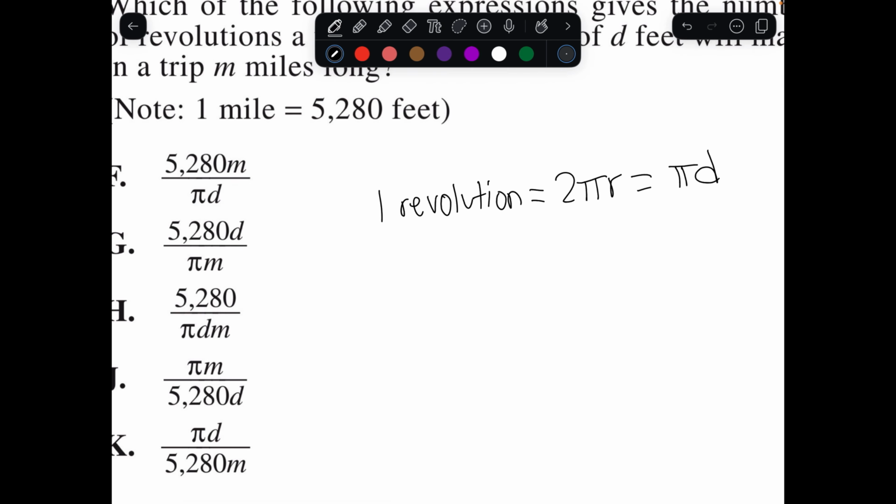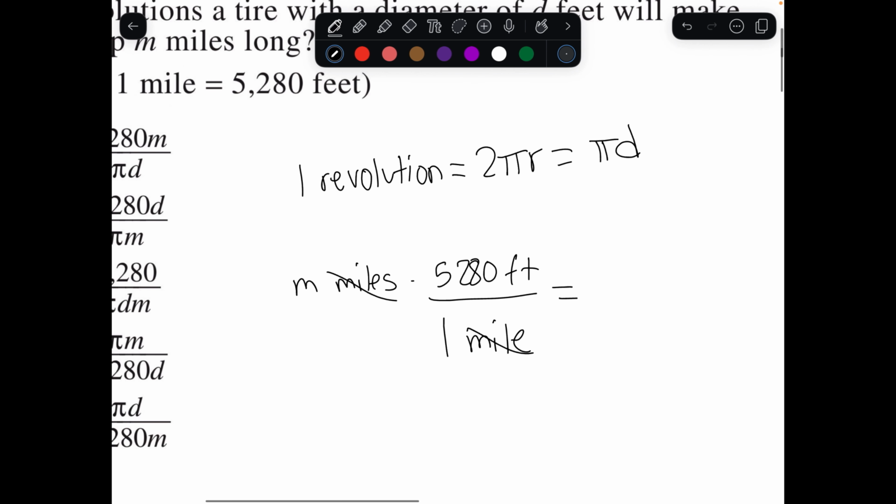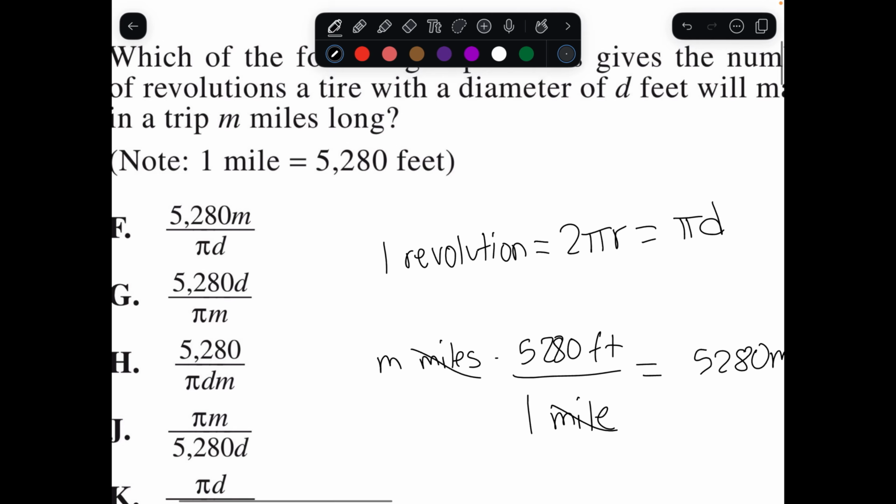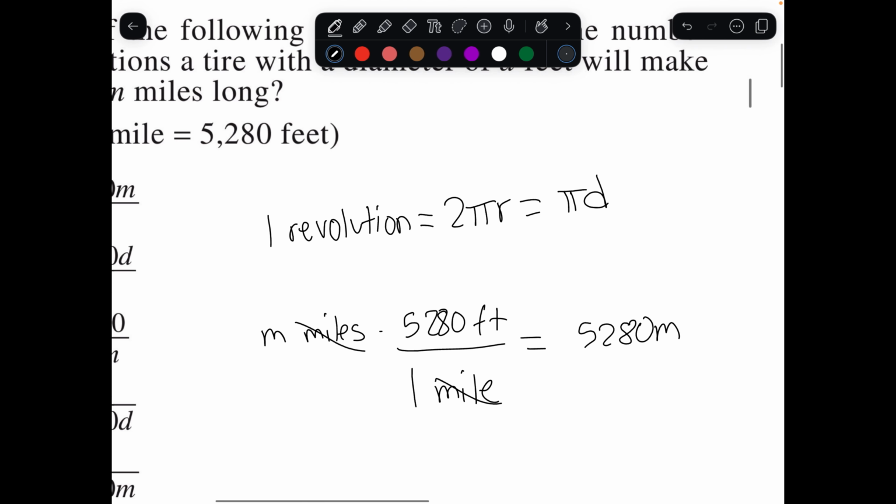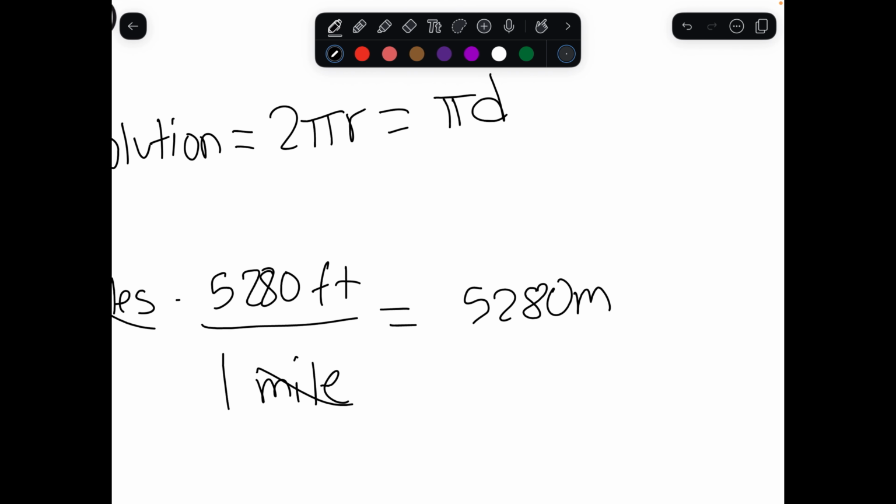We know that 1 mile equals 5,280 feet, and since we want to cancel out miles, we multiply by 5,280 feet, because that equals 1 mile. So we get 5,280 m. This is m miles converted into feet, so this is our total distance.